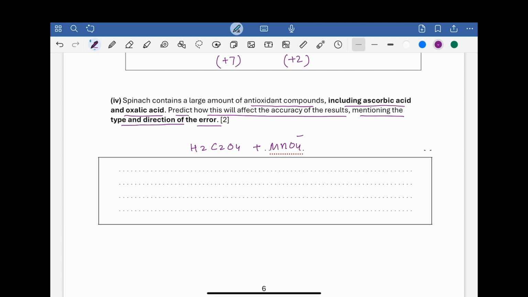So the volume of MnO4- used will not be accurate. So we can say this is an example of systematic error, and accuracy will be low.